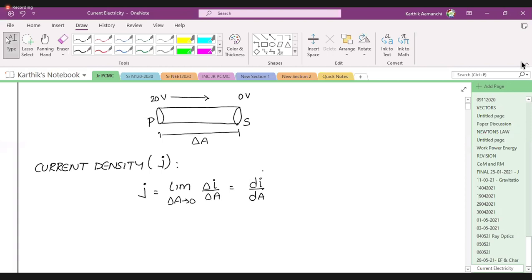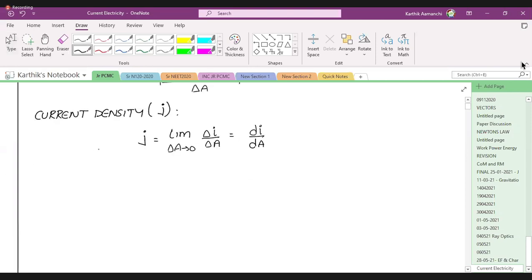Now, below put a note: the direction of the current density is in the same direction as your current. So can you please repeat, sir? The direction of current density is the same as the direction of your current.